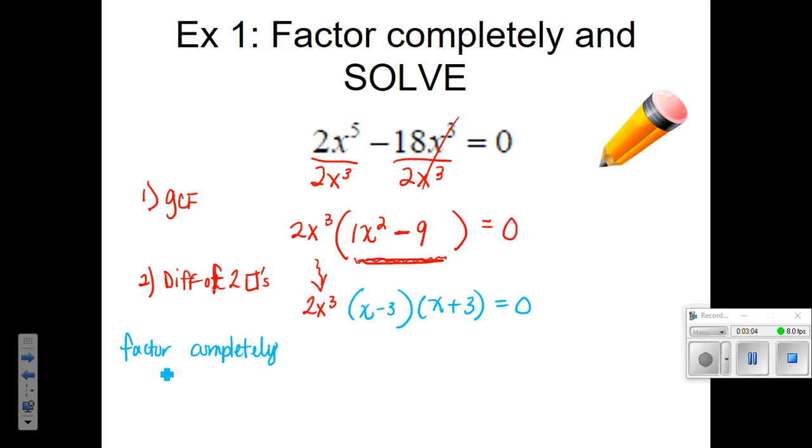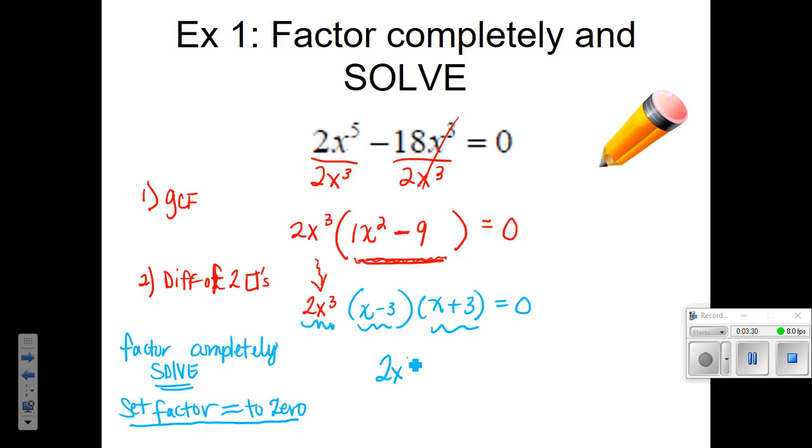Now that you have it all factored completely, now we can do the solving. Which means what? We set each factor equal to 0. Each factor equal to 0. So we take this factor and set it equal to 0, and we take these two factors and set them equal to 0.